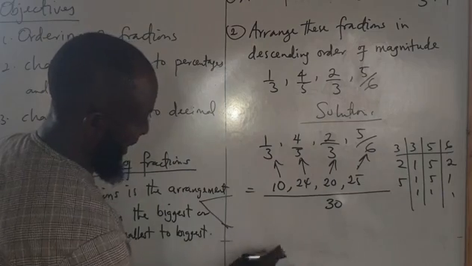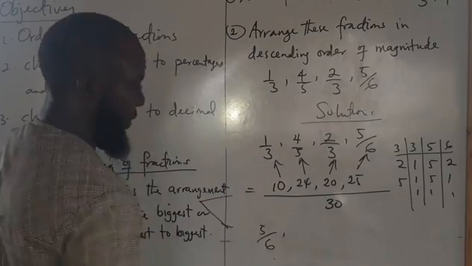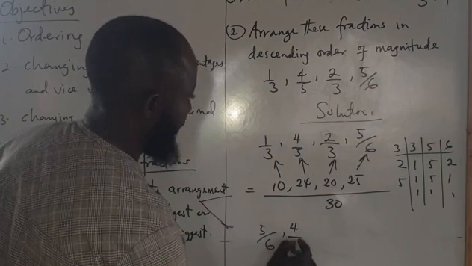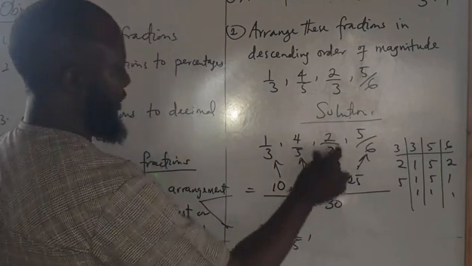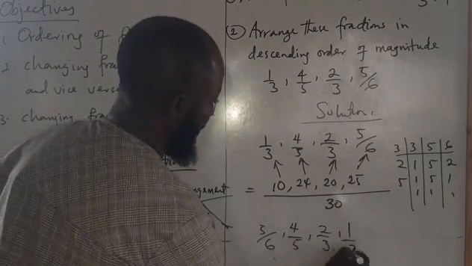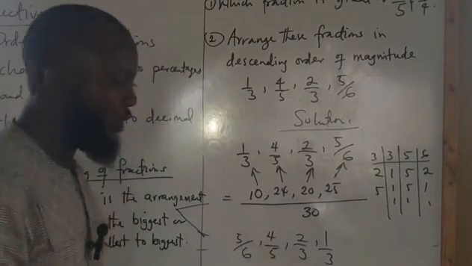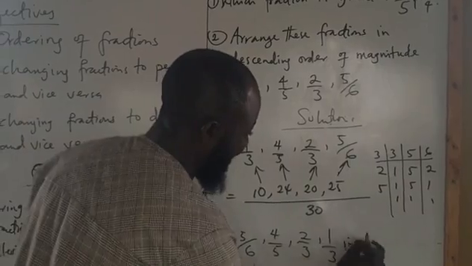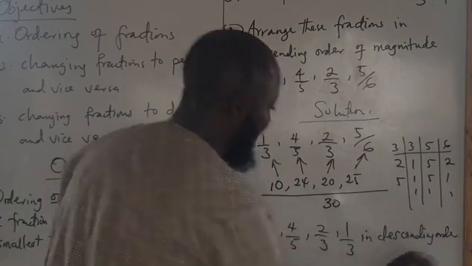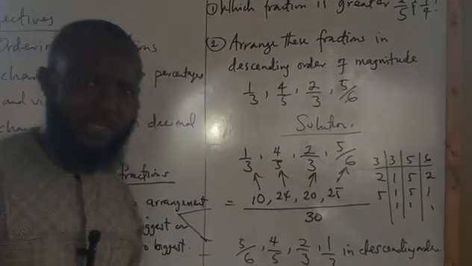The fractions will then be arranged as 5 over 6, followed by 4 over 5, then followed by 20, which is 2 over 3, then followed by 1 over 3. So this is the arrangement of the fractions in descending order. If it is in ascending order, this will come first, followed by this, followed by this, followed by this. I hope this is very clear to you.